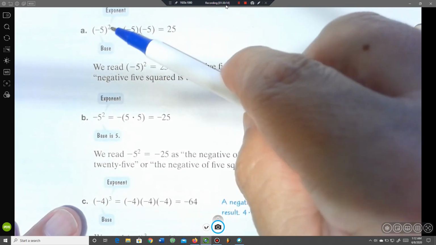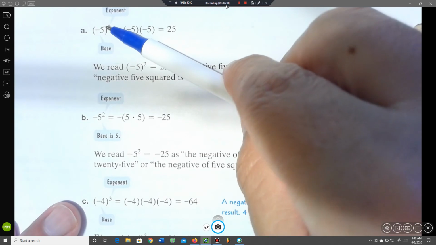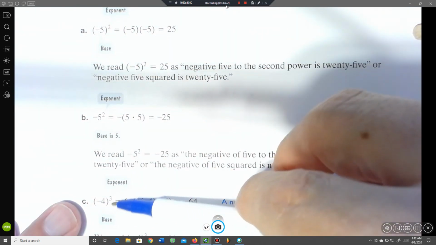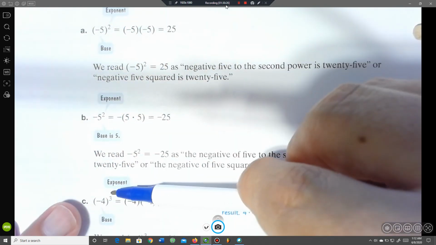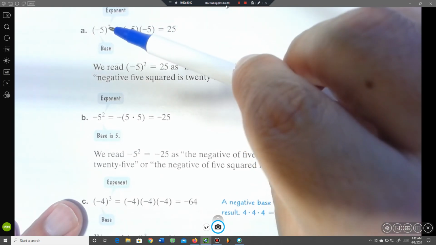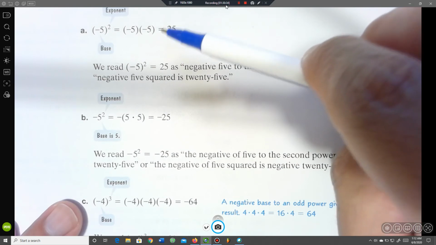The only difference is that the exponent is even here and odd here. If you have an even exponent, that makes the negative sign go away.